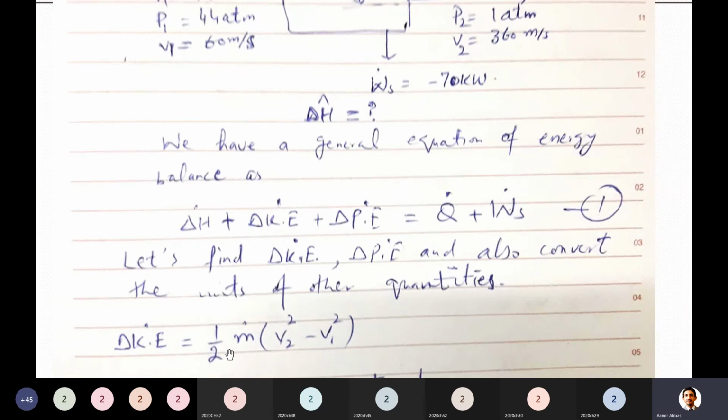So it is actually 1 over 2 m v2 square minus 1 over 2 m v1 square. Because here the flow rate was the same, I have taken it common, like 1/2 m dot, and separated v2 square minus v1 square.